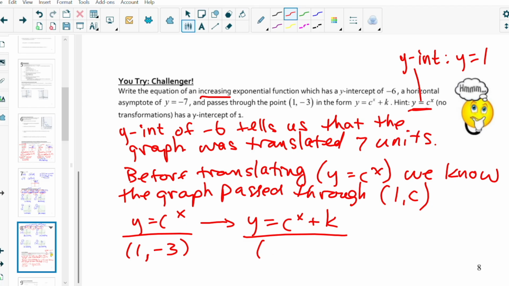Seven units up. So what's going on? Oh, shoot, my bad. Ah, okay.